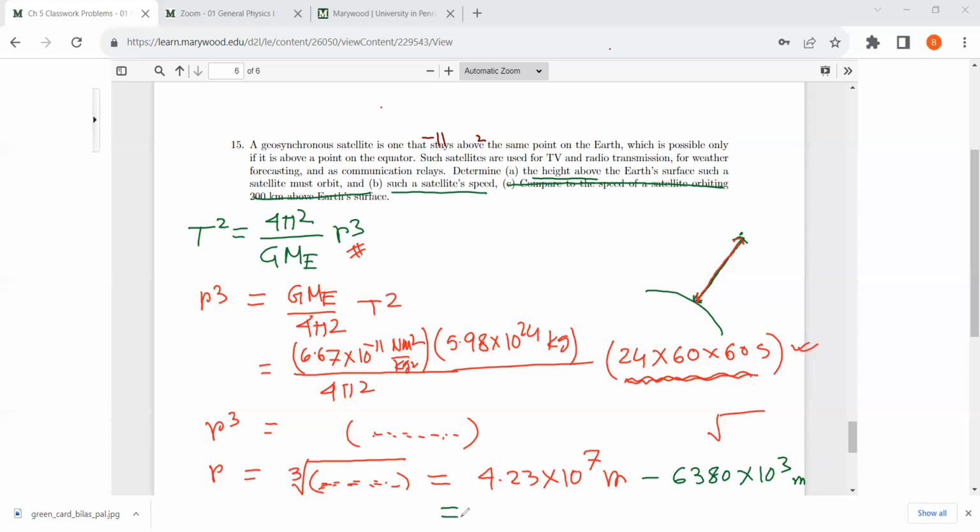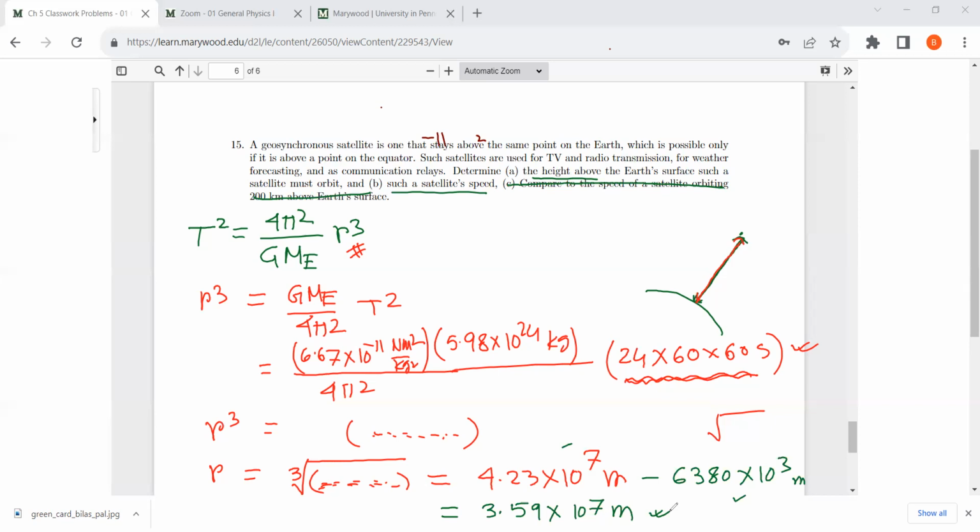After subtracting, I got 3.59 times 10 to the power 7 meter. It's a large number. So a geosynchronous satellite has to stay at a distance of 3.59 times 10 to the power 7 meter from the surface of Earth.